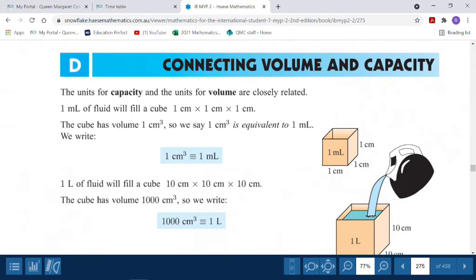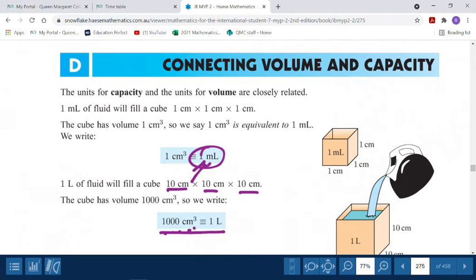Now, if you want to get really efficient, then you can memorize a couple more of them. If you had a 10 centimeter by 10 centimeter by 10 centimeter, that's 1,000 cubic centimeters. That's a liter. But once you got to milliliters, then you could get to liters if you wanted to. See what I'm saying? So if you had 1,000 centimeters cubed, you could just change that into 1,000 milliliters and then change it to liters if you wanted.